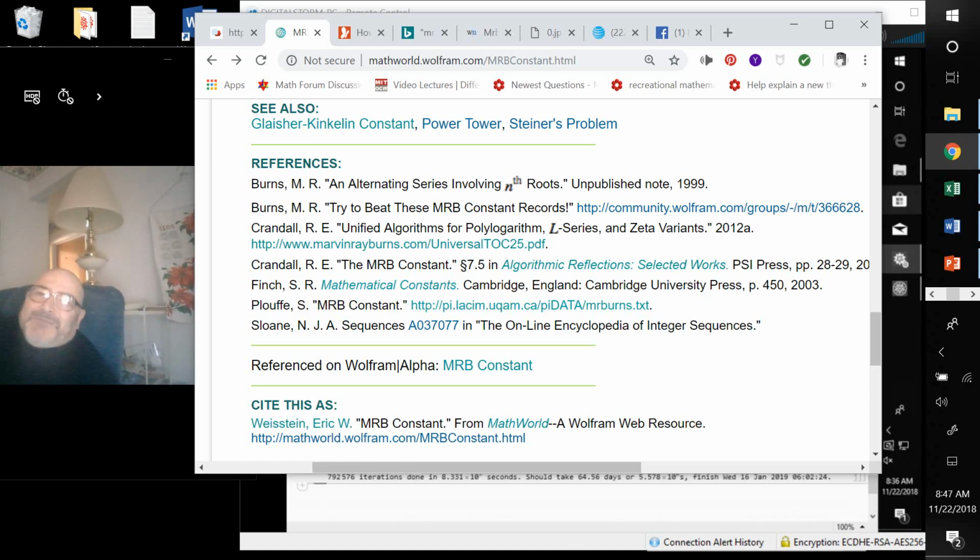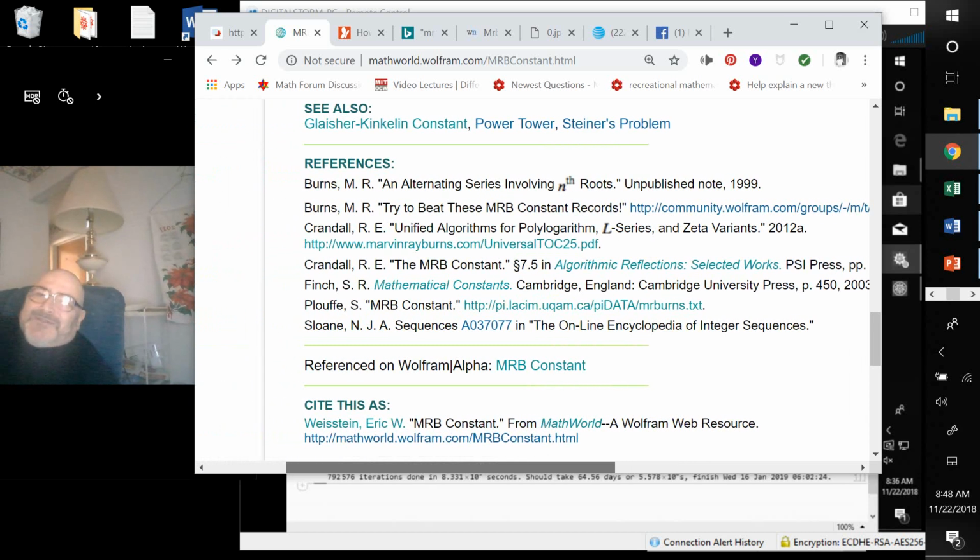Here's the Crandall paper. Crandall, in a book called Algorithmic Reflections: Selected Works, PSI Press, pages 28 and 29, 2012. Late 2012, I think that's what that means.